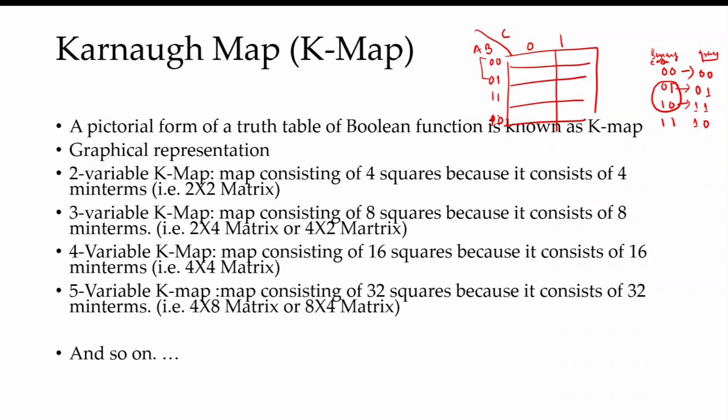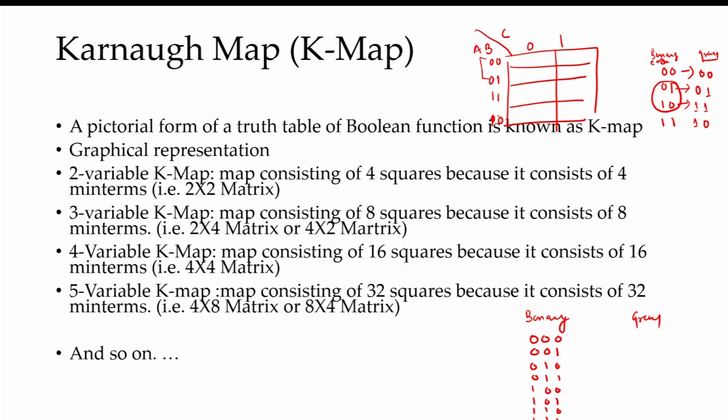Similarly, suppose there are 3 rows and 3 columns, we will find gray code. First we write the sequence of 3 variables in binary, like 0 0 0, 0 0 1, 0 1 0, 0 1 1, 1 0 0, 1 0 1, 1 1 0, 1 1 1.